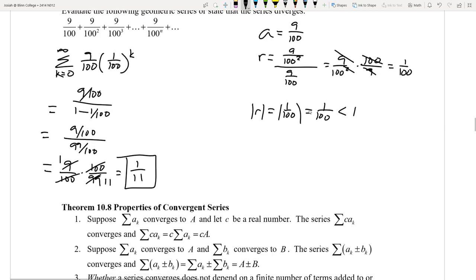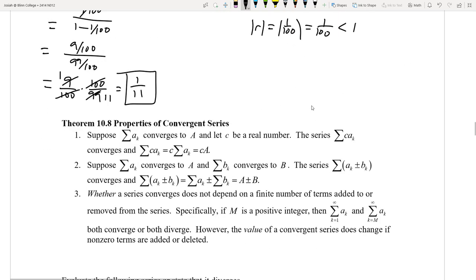Throughout this chapter, actually throughout the next couple of units, we're going to have property theorems, and there's going to be a lot of essential pieces that we'll need to make any real complicated series.